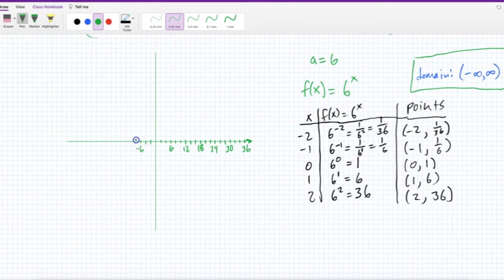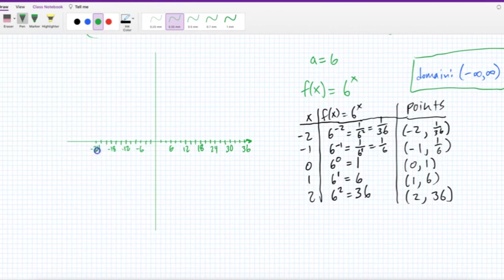Now keep in mind what I'm doing here is the x-axis. The outputs we've been talking about are on the y-axis. So I could, if I wanted to, use a completely different scale for the x-axis and y-axis, and I don't need to fit all these in on the x-axis.